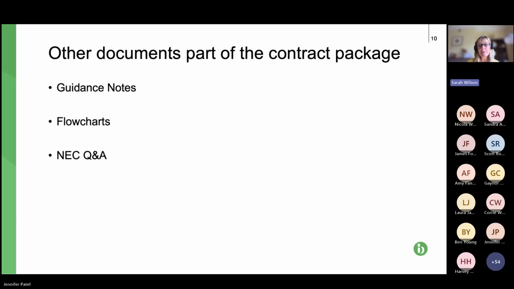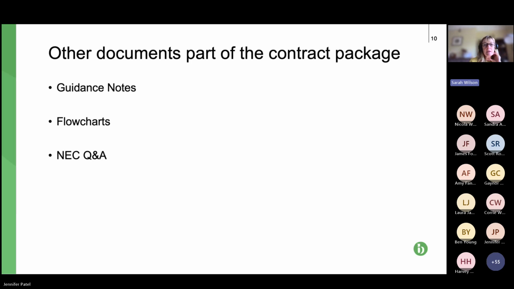So sometimes it helps to resolve some of the less clear points in the contracts. In NEC 3, we had a book of flowcharts, which is helpful, if that's how your mind works. Although because it's process driven, we do end up with multiple pages of flowcharts for individual issues.